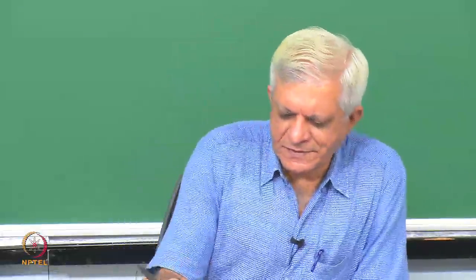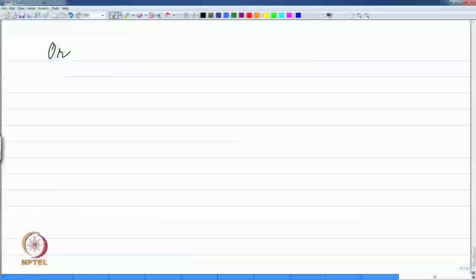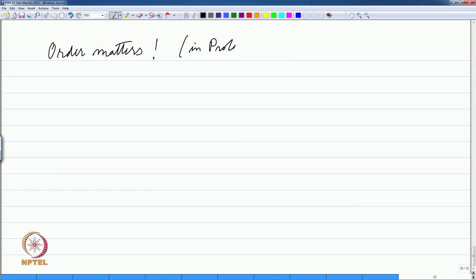So, let us look at an example. We had said that Prolog works top to down and left to right. Let us look at this left to right portion.